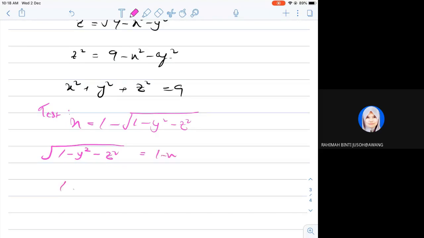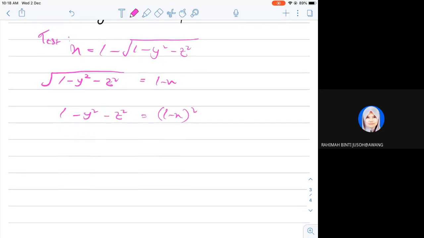So we will have 1 minus y squared minus z squared equals 1 minus x squared, something like this. Right? So, guys, what happened here? If you rearrange, you will have 1 minus x squared plus, let's say you move this to the right hand side, y squared plus z squared equals 1. Isn't it? So what happened?